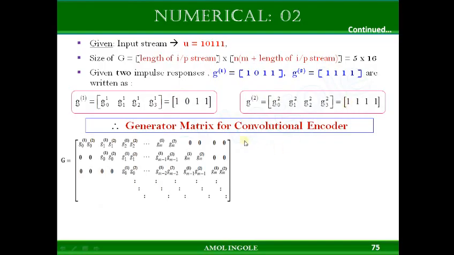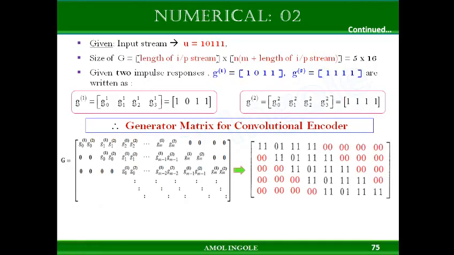So the first two bits in the first row of the generator matrix will be 1 1. Next two bits will come from the second bit of G1, that is 0, and the second bit of G2, that is 1. So 0 and 1 will be the next two bits.